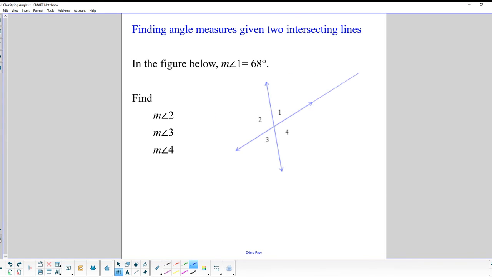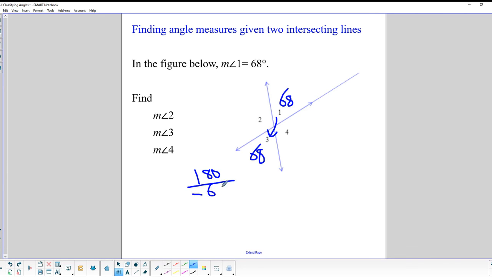Okay, in this figure, finding angle measures given the two intersecting lines. The measure of angle 1 is 68 degrees. Since these are vertical angles, the angle straight across from it will also be 68. Now let's subtract 68 from 180.